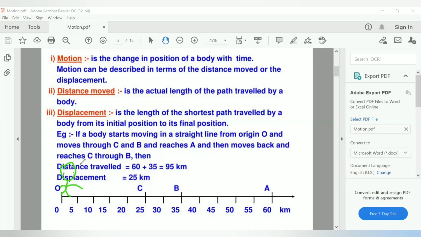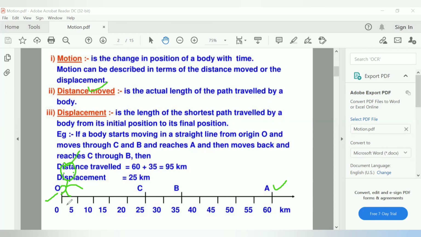If I take it from the origin O, he has traveled 60 kilometers, right? So the actual length of the path traveled by the body is called distance.